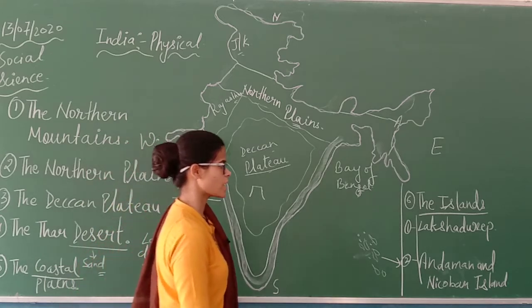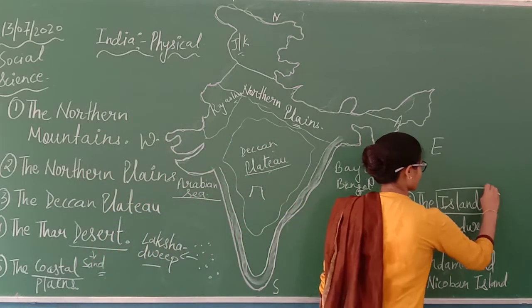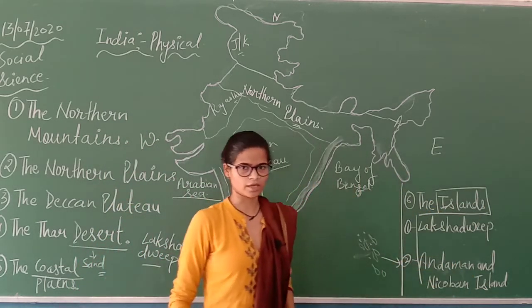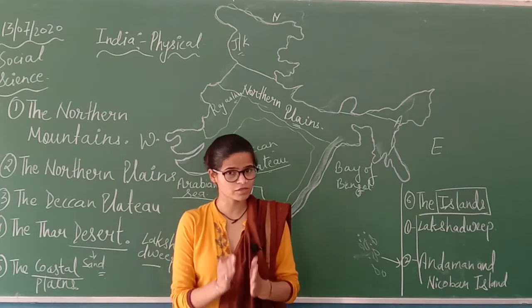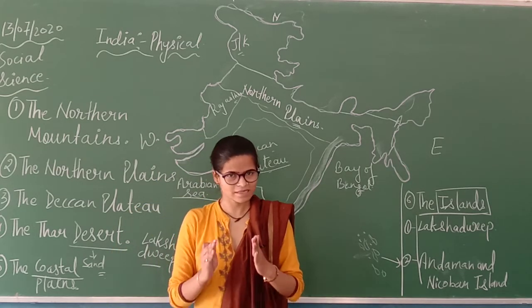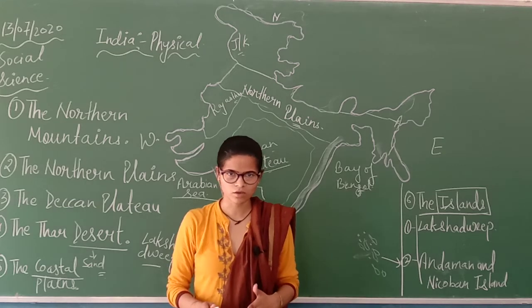And what are islands? Islands क्या होते हैं? As I already told you, the peninsula part is that part which is covered by water on 3 sides.